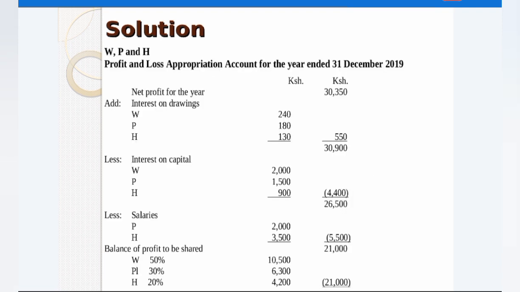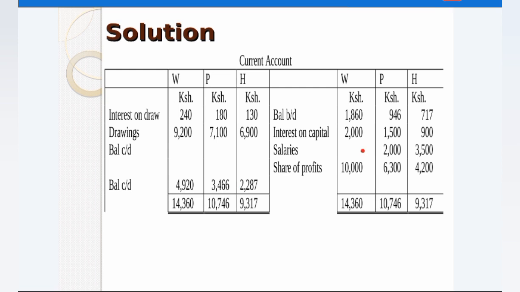You can see from our illustration, the current account balances are 1860 for W, 946 for P, and 717 for H. So you can see from our current account, we have brought those balances here.